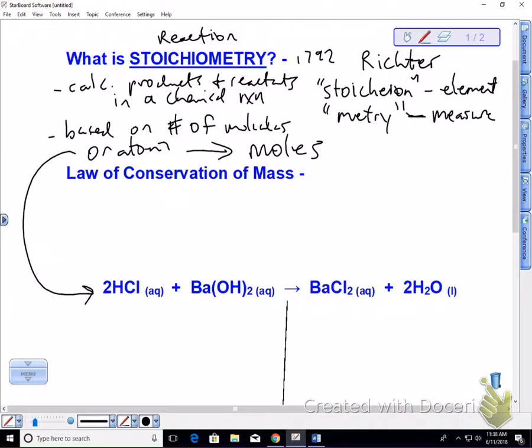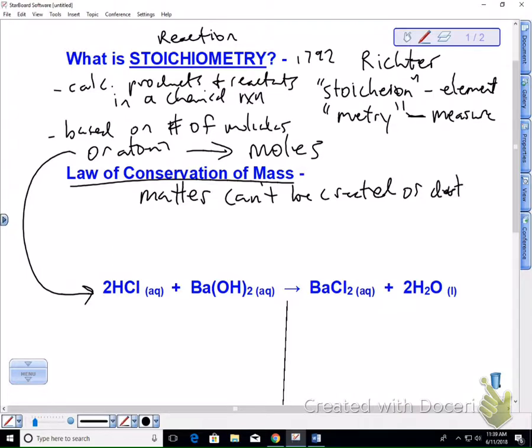Stoichiometry is all based on the law of conservation of mass, which is very simple, a little bit oversimplified, as matter can't be created or destroyed. In other words, when you do a chemical reaction, the mass of your reactants, when you're at the beginning, has to equal the mass of everything at the end.